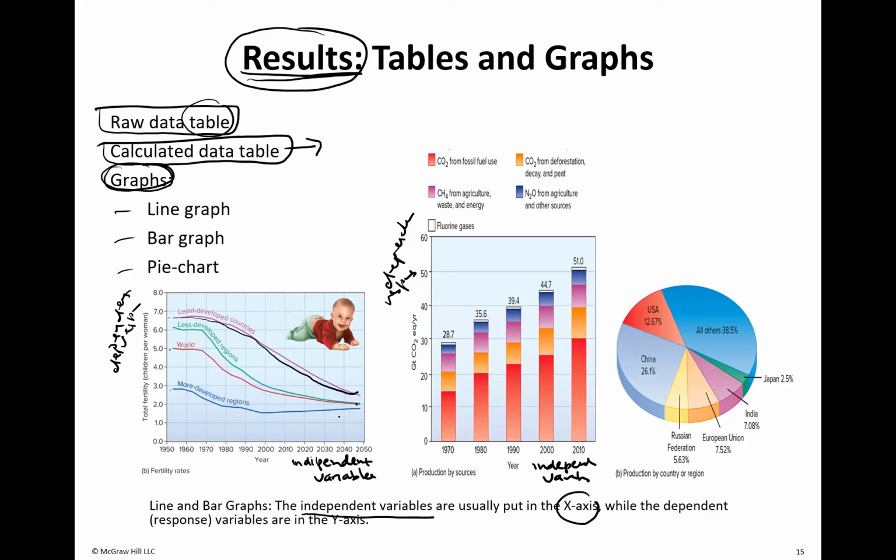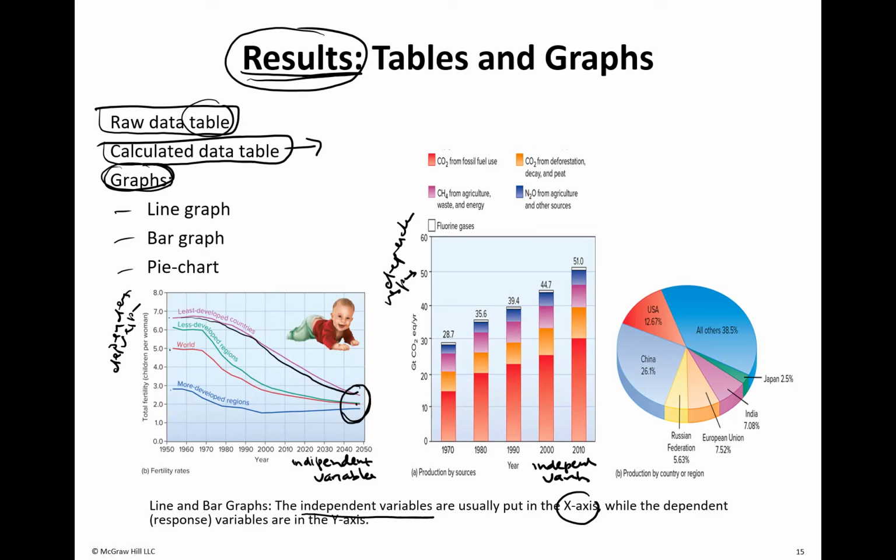So this is a trend that the number of children per woman will be reducing from 1950 to 2050, and they might go to a constant or similar number over here.